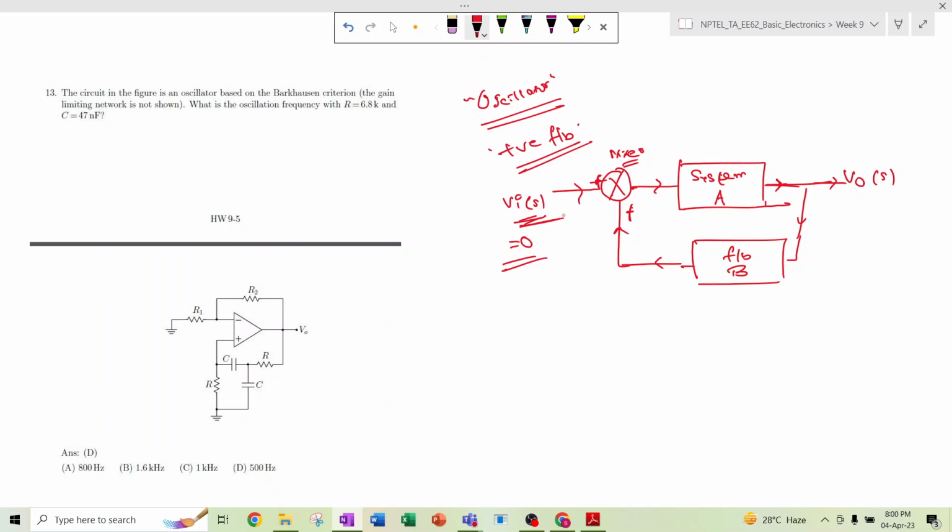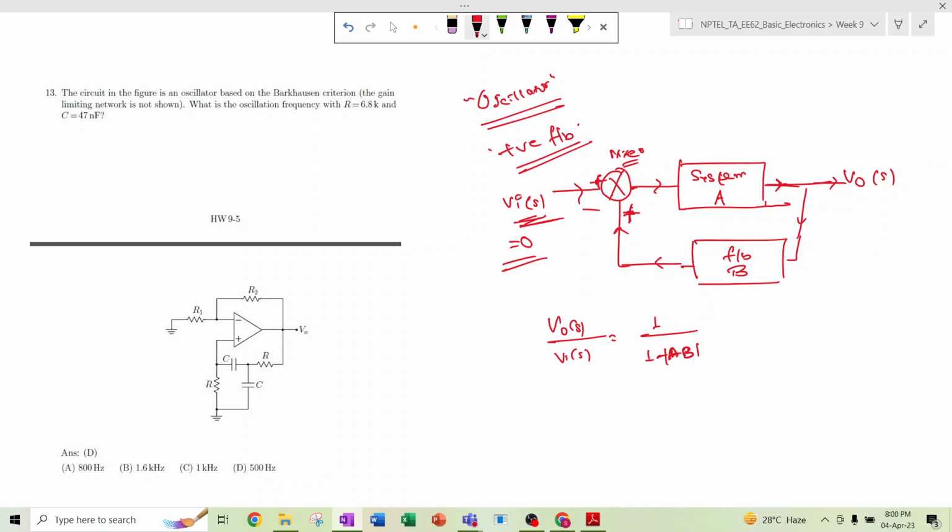So the oscillator must be in positive feedback. Here actually Vo(s) divided by Vi(s) can be written as 1 divided by 1 minus AB, where A is the gain of the forward path and B is the gain of the feedback path.